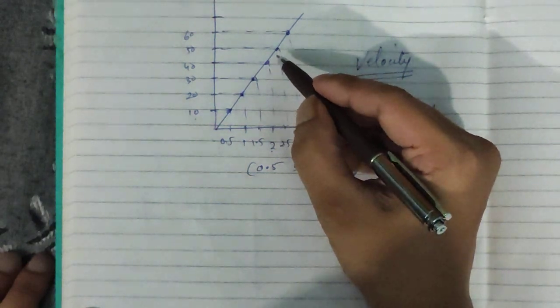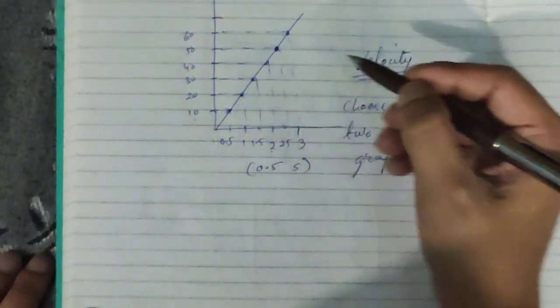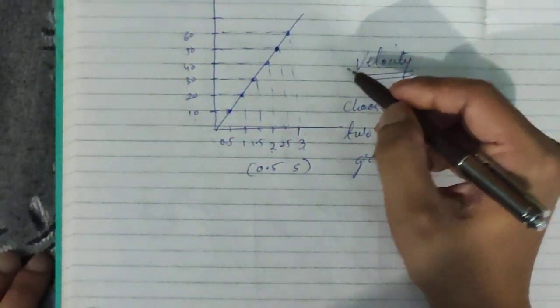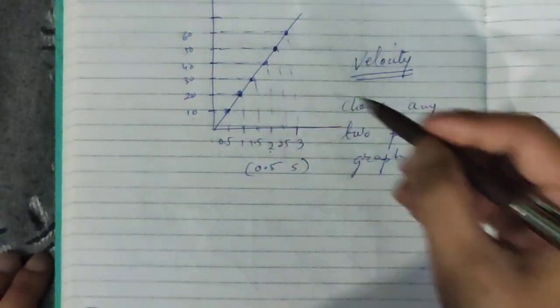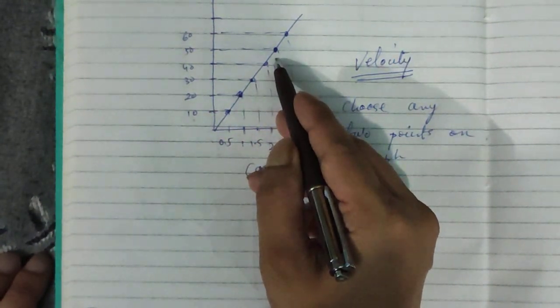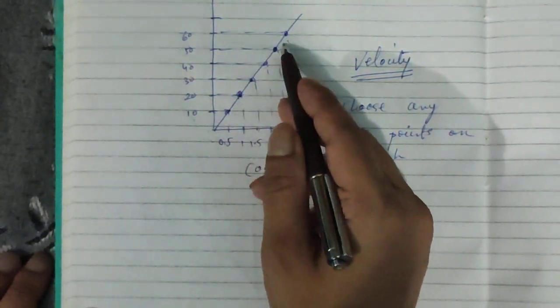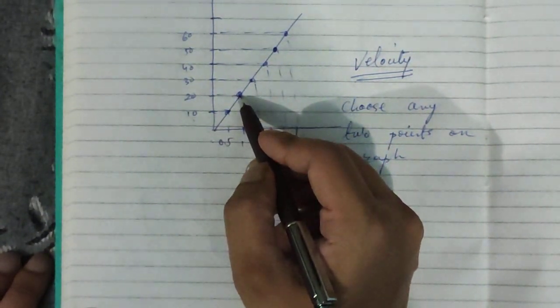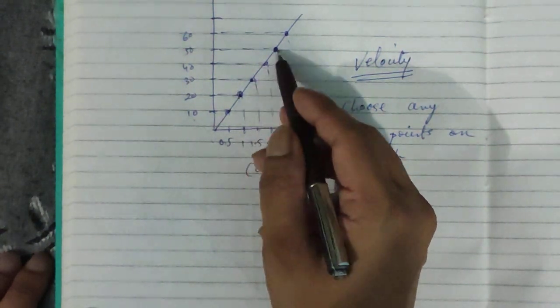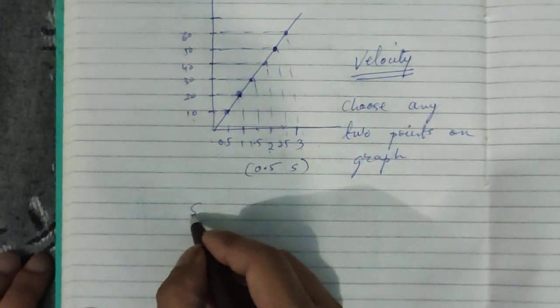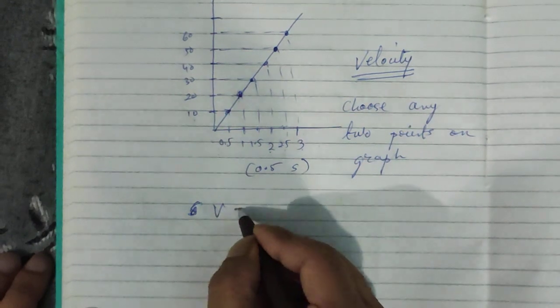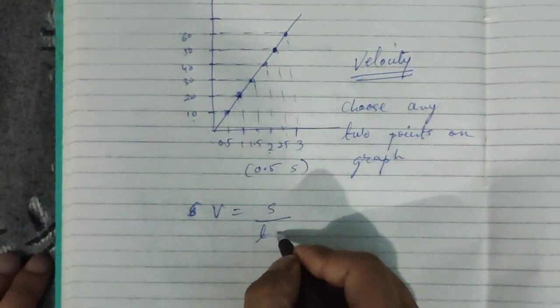For example, I am choosing this one, that is 50 meters, and over here 20 meters. So the first point is 20 and the next one is 50. This is the initial point, this is the final point. We know the formula for speed or velocity is displacement upon time.